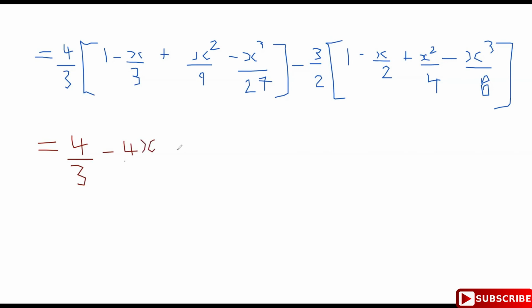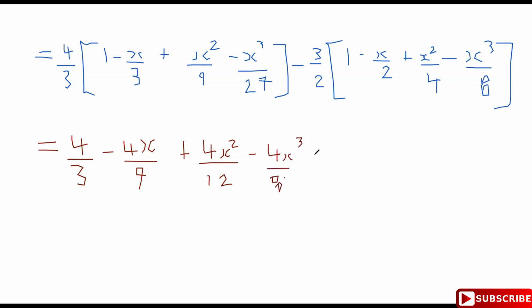Then this is now plus 4x squared over 12. And this would be minus 4x cubed over 3 times 27 is 81.